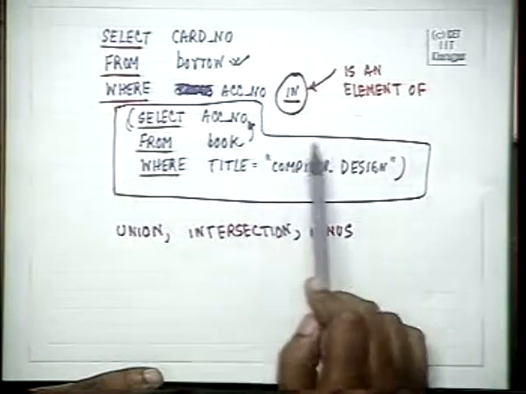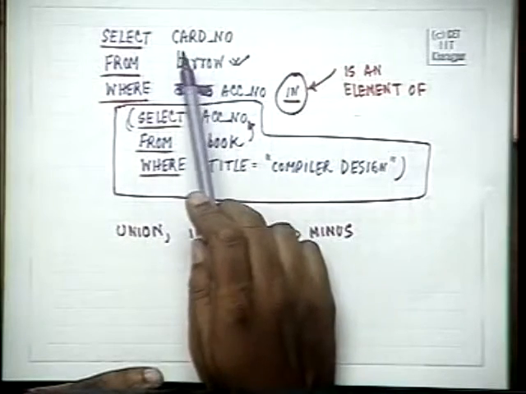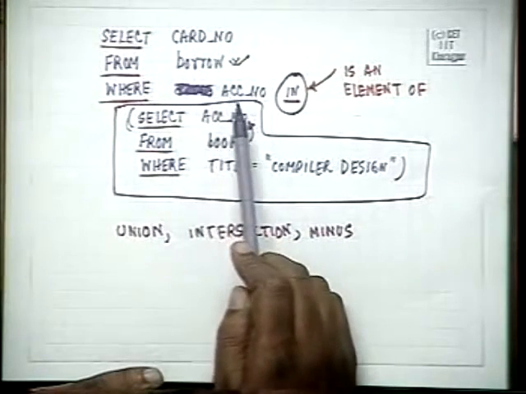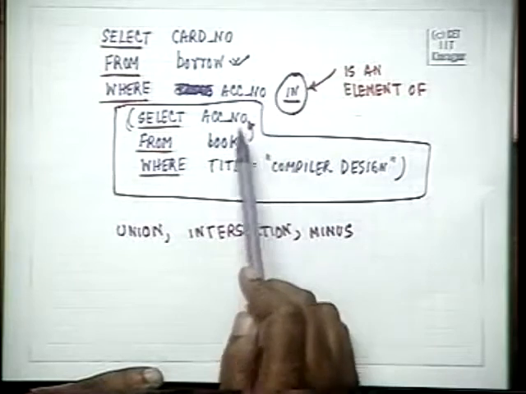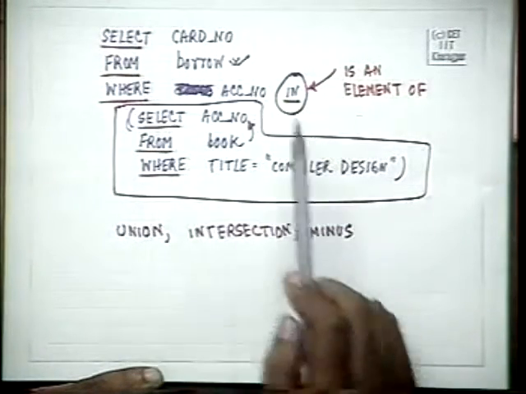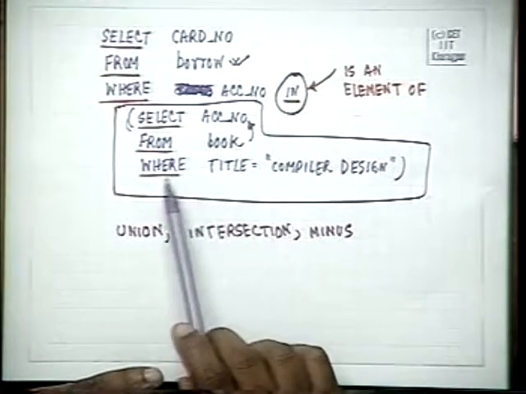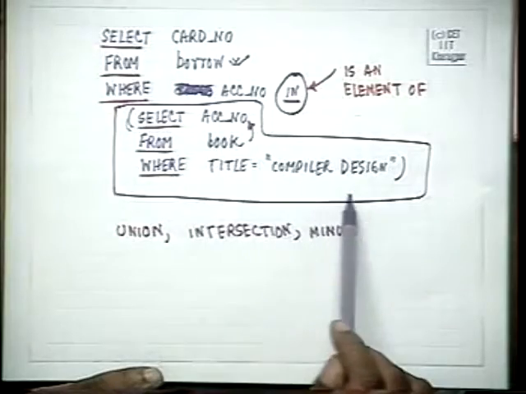This will give you the accession number of all books which are compiler design. This will give you card number from borrow such that the accession number is in this set. Together this query will give you the card number of those people who have borrowed a book related to compiler design.